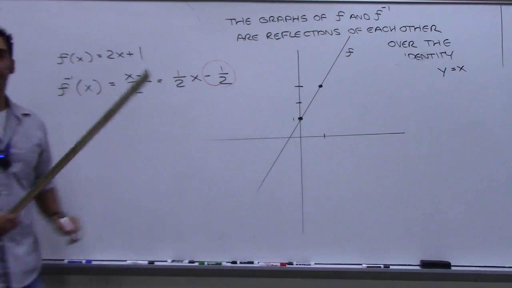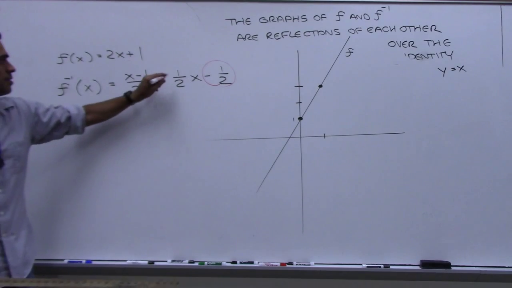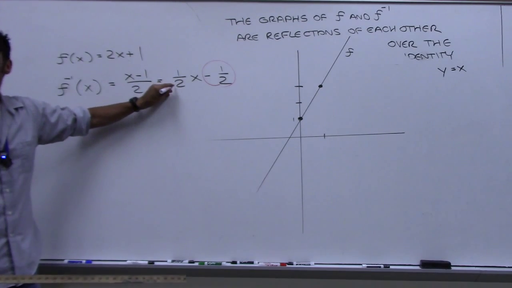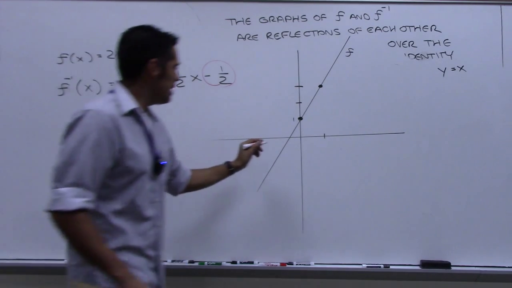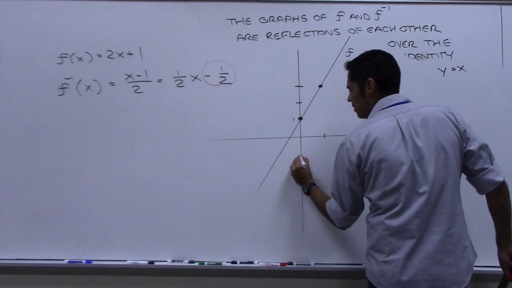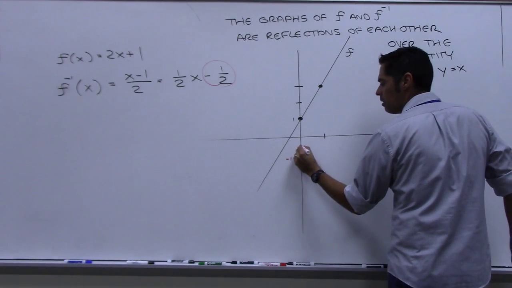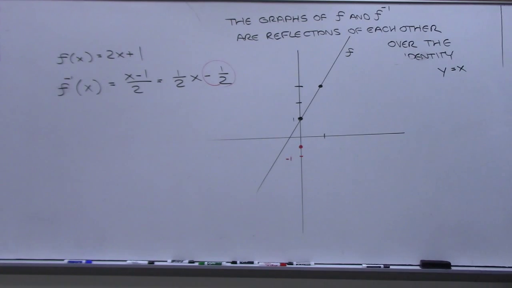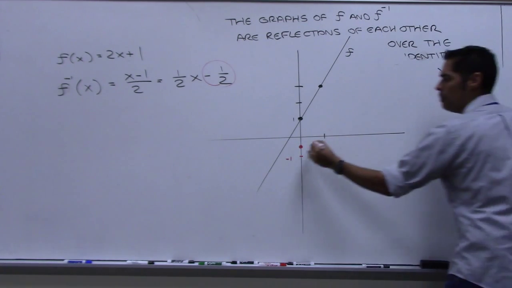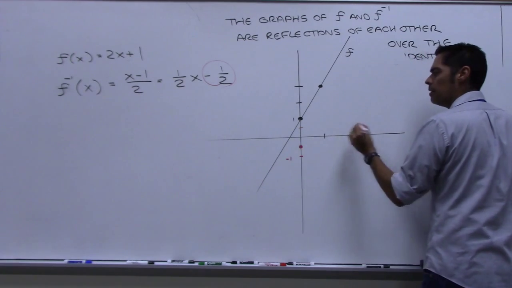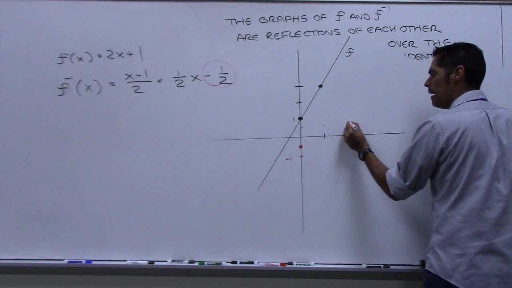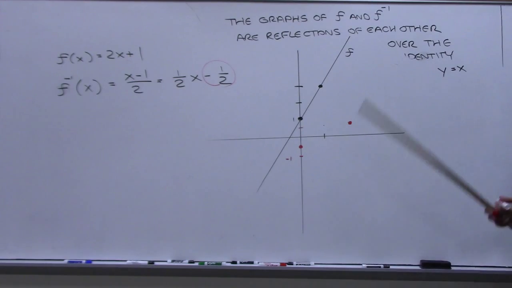Negative 1/2. And then its slope is up 1, right 2. So if this is negative 1, negative 1/2 is here, and I'm supposed to go up 1, right 2. Up 1 would be about here. Right 2 would be about here. Something like that.